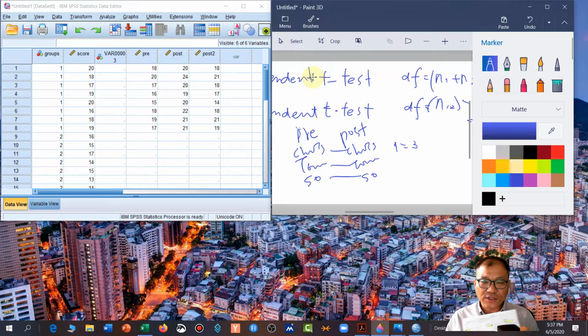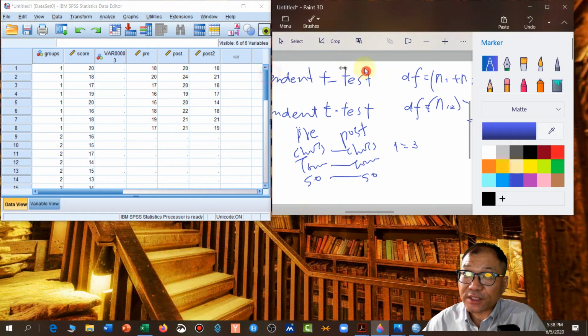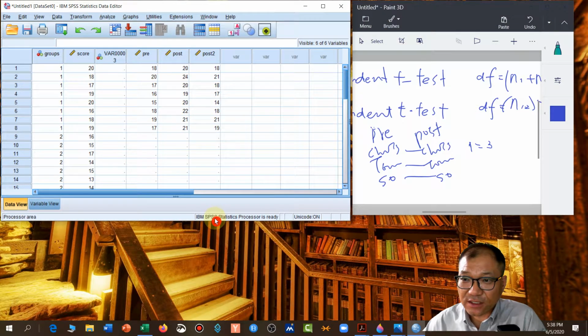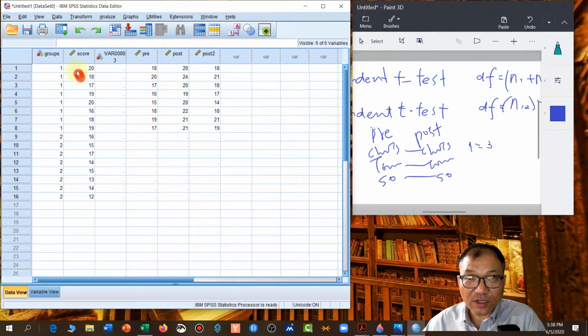But I really want to talk about how to use SPSS to calculate t-scores, t-values for t-test. As you can see here, I already prepared SPSS.